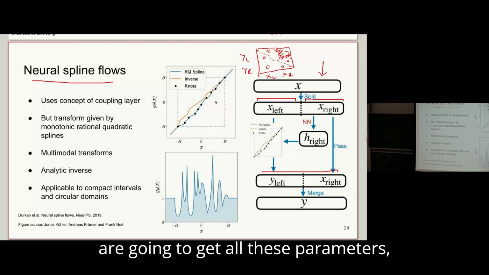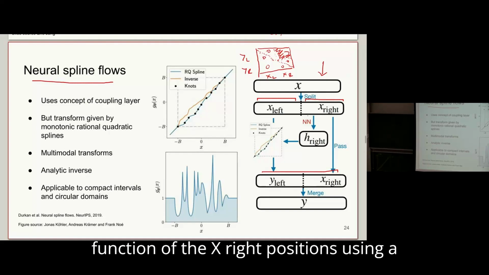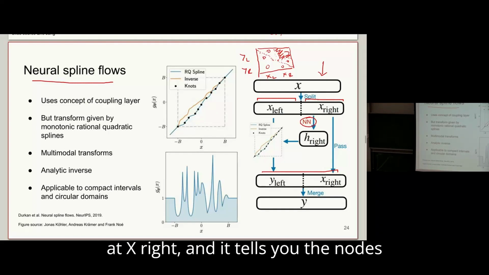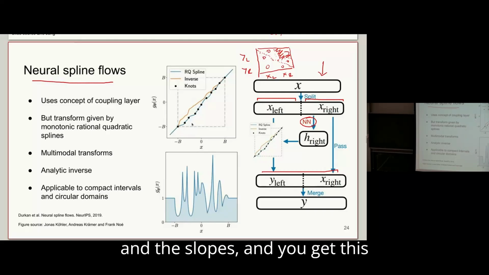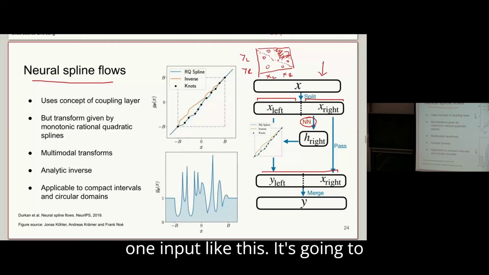You are going to get all these parameters, the locations of the nodes, the slopes of the nodes, as a function of the x-right positions using a neural network. So a neural network looks at x-right, and it tells you the nodes and the slopes, and you get this transformation so that I have here now one input like this is going to then be transformed to a new value like this one. Okay?